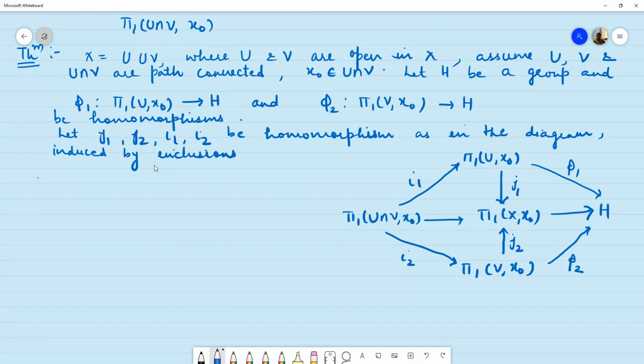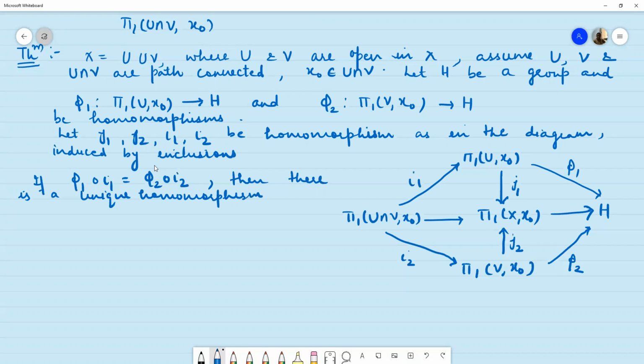Then this theorem says if phi1 circle I1 is equal to phi2 circle I2, which means if these two compositions are equal, then there is a unique homomorphism capital Phi from pi1 X x naught to H, such that, the existence of this mapping capital Phi we have to prove.